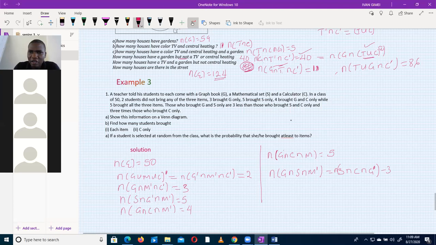They are saying those who brought G and S only are 3 less than those who brought S and C only. So if you have, let's say, A and B, and they say A is 3 less than B, what do they mean?